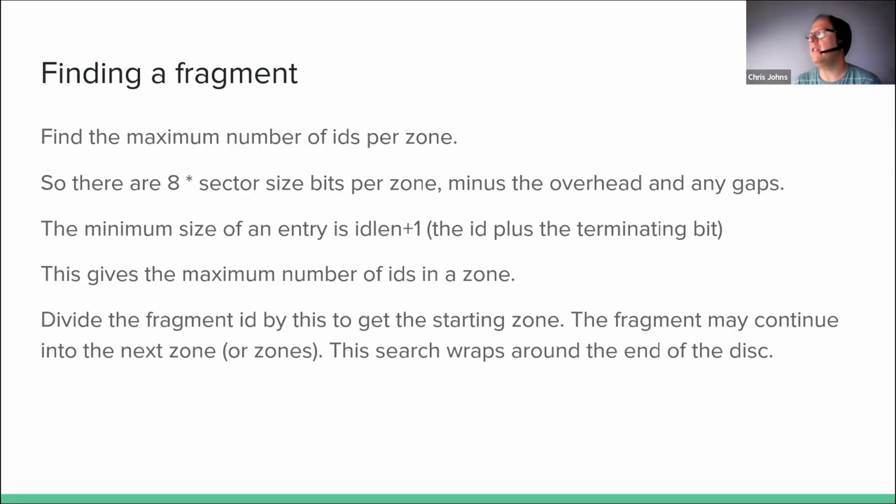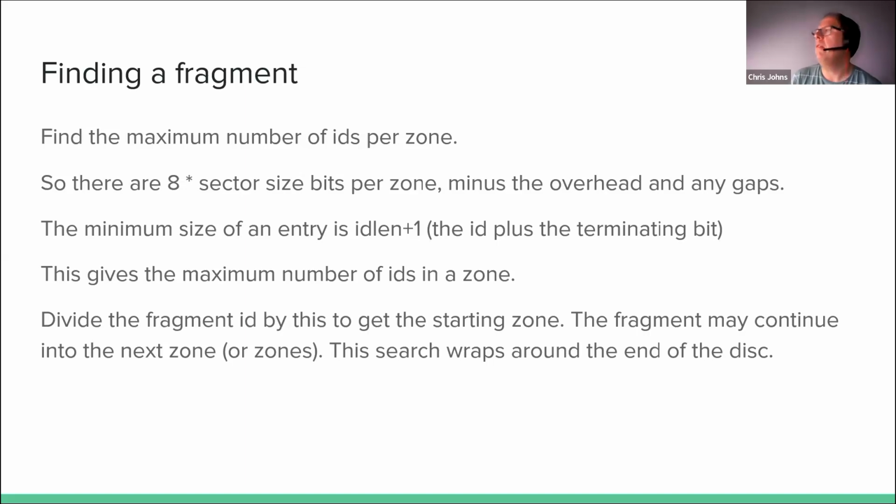You may not fill the entire sector. Normally it does. I think on F format floppies it doesn't. Most hard drive type things I've seen have it as the entire thing. So that gives you the number of bits per zone. If you have a standard 512 byte sector, you get 8 times 512 bits, minus a bit, because you have the overhead and the header.